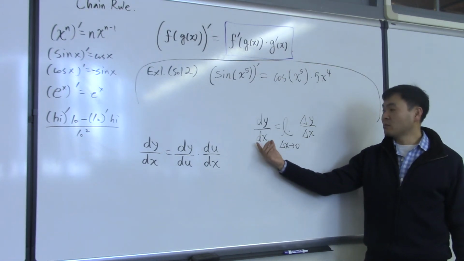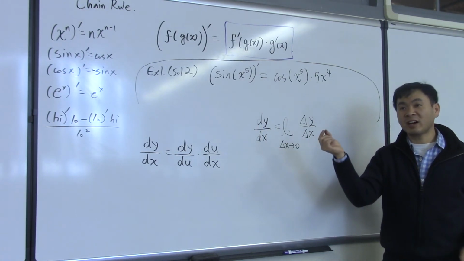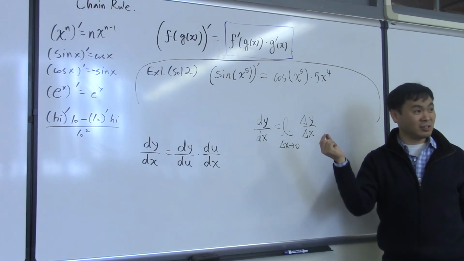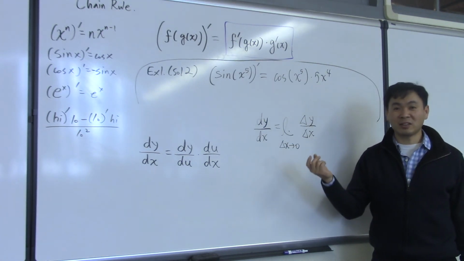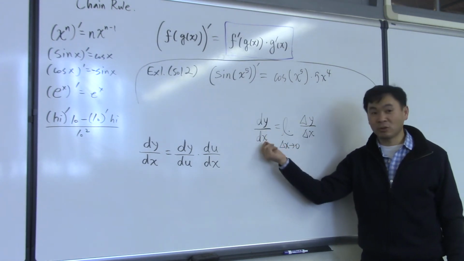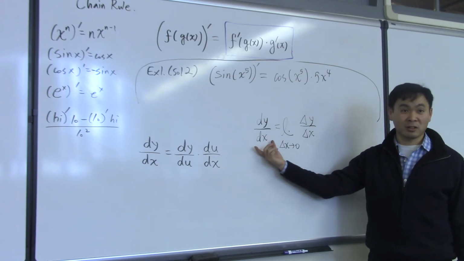Okay? But for us, dx, dy's are just very, very tiny objects, infinitesimal quantities, who by themselves don't have any value. They have value of 0, but their ratios could have some meaning. That's the way we're going to think. Okay?